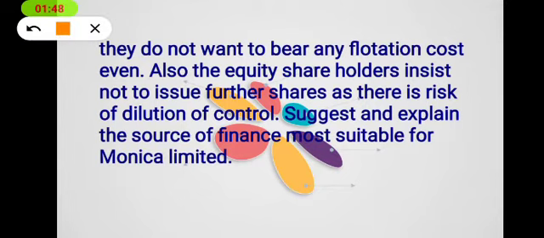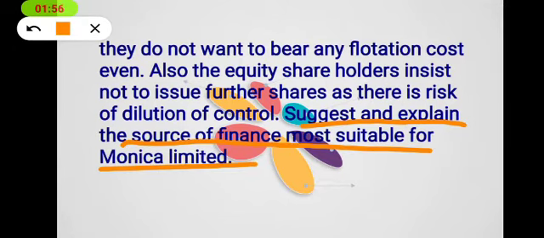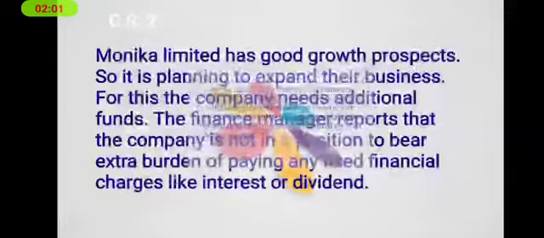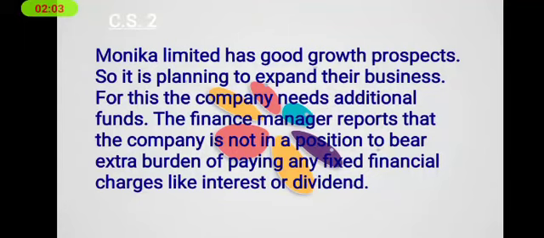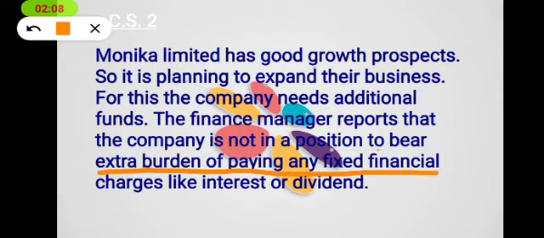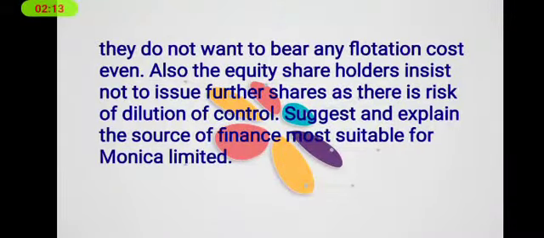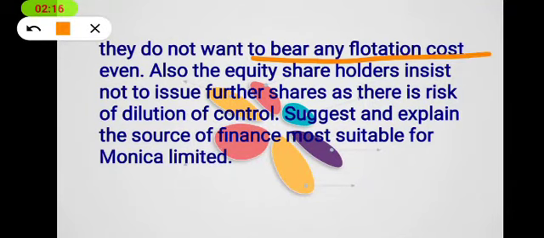So in this case, we have to suggest and explain the source of finance most suitable for Monica Limited. So if we look at these lines, the company is not in a position to bear the extra burden of paying any fixed financial charges, the company does not want to bear any flotation cost even, and the equity shareholders do not want to dilute the control.